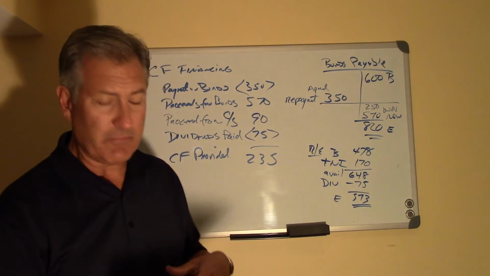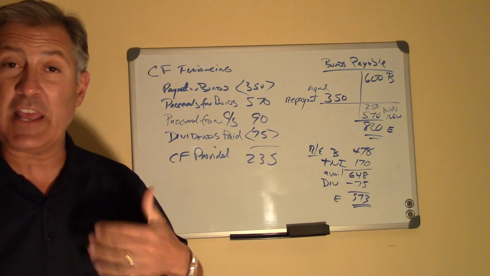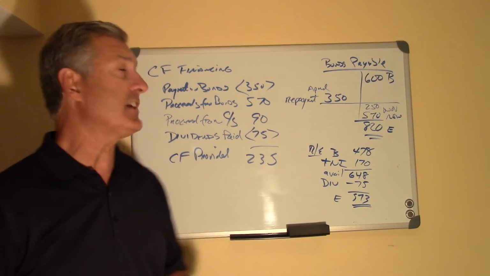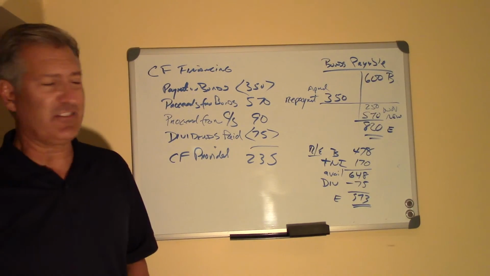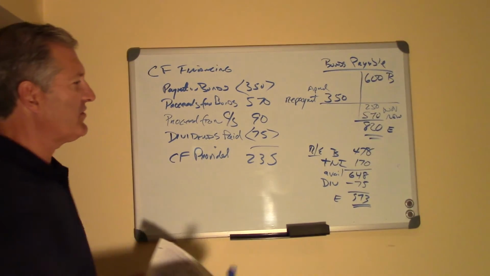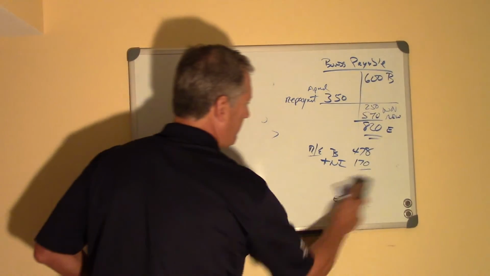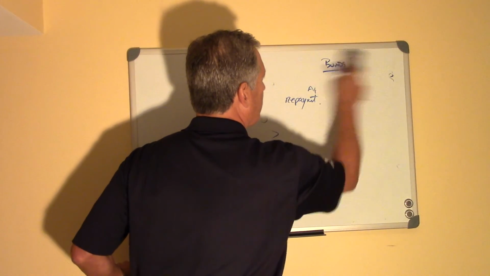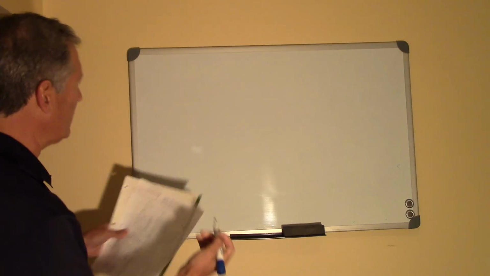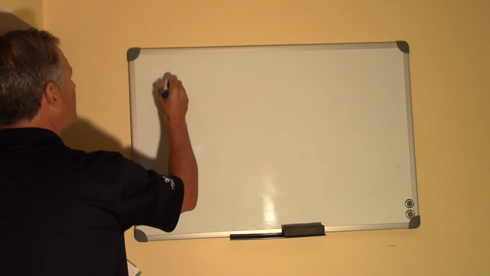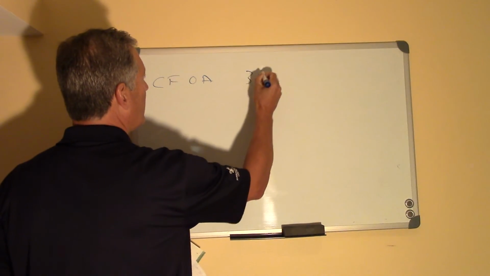Positives versus negatives. So we've looked at the three sections of the statement of cash flows. Cash flows from operating activities, cash flows from investing activities, and finally, cash flows from financing activities. We need to look at the summary of all those, right? So let's do that. Again, we can't put the whole problem up here on the board at once, so we don't really see it. But if we summarize it, cash flow from operating activities, we had a positive 350.